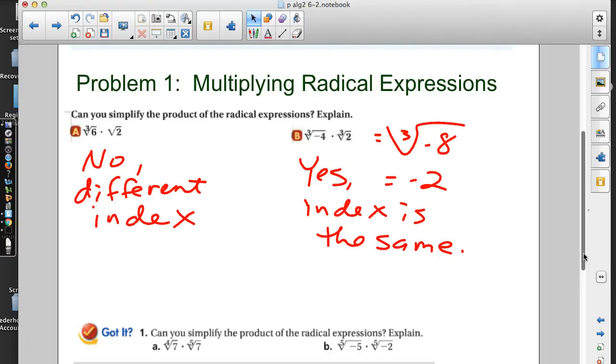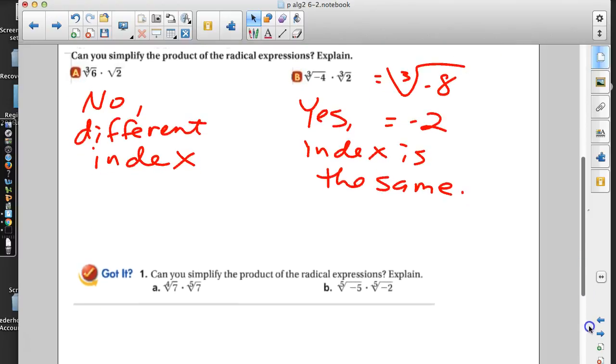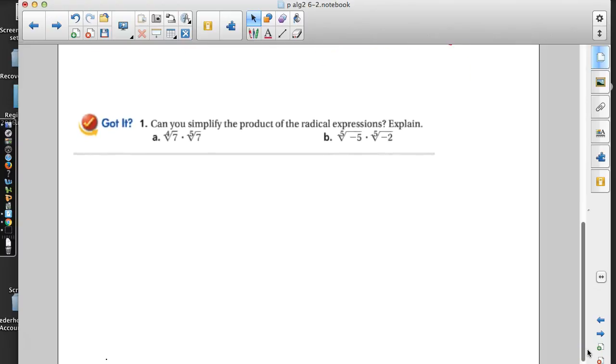So just like we work with those like powers, we're going to work with like indices when we go through these. Can we simplify the product of the radical expressions and explain? Go ahead and write down your answers for A and B. Yes or no, why or why not.